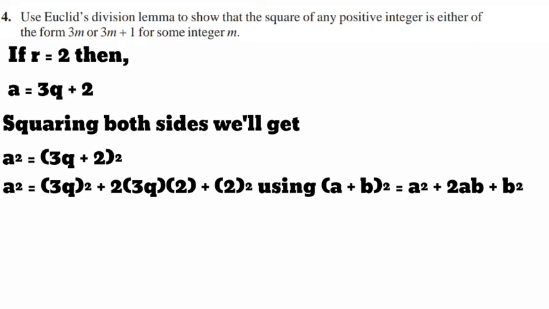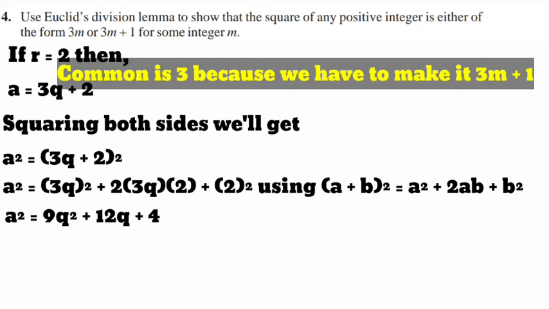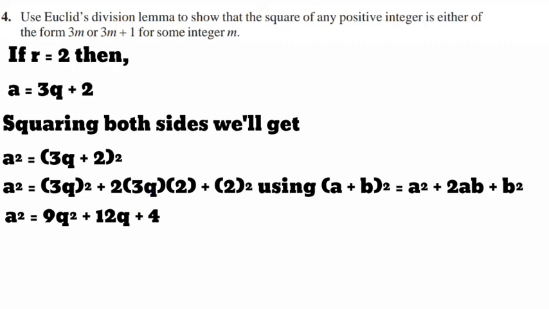Solve it. You will get a square is equal to 9q square plus 12q plus 4. It is clear that 9q square and 12q will be with common 3. But what to do with this cruel 4? We can write it, keeping 3 in mind, as 3 plus 1.